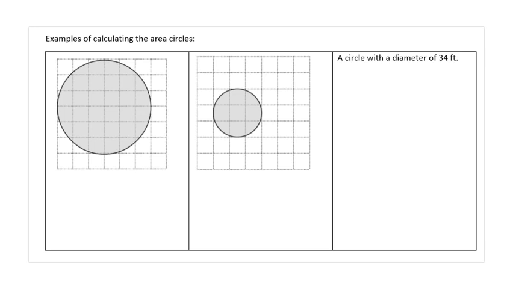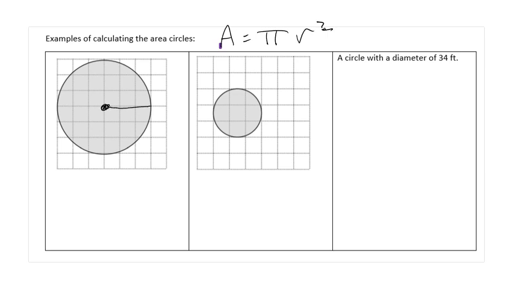Okay, so let's look at these three examples. Find the area of a circle. Area of a circle is pi times the radius squared. So what we got to do is find the radius of these circles. So here's my center.